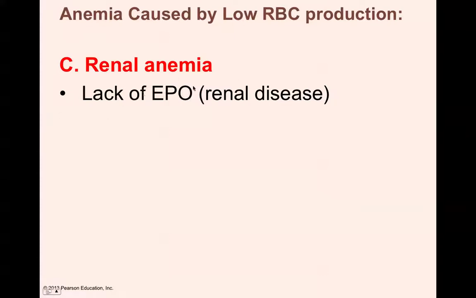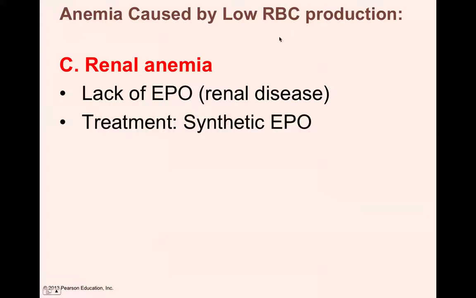Remember, I mentioned that when doctors realized that individuals who had kidney failure were becoming anemic, that's when they discovered that the kidneys make erythropoietin. So if a person has renal disease, they won't be producing enough erythropoietin, and therefore they will have low red blood cell production. Treatment would be synthetic erythropoietin delivered per injection.